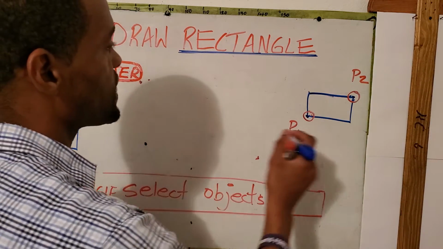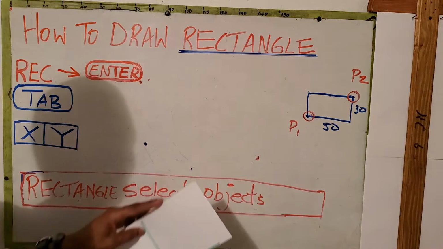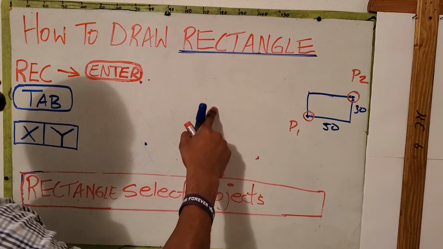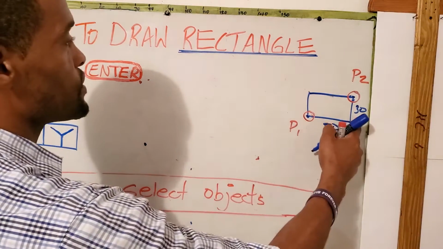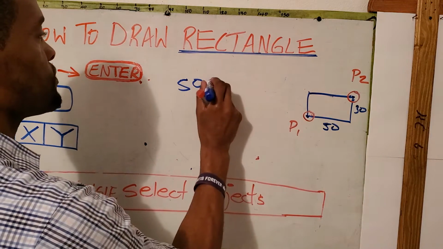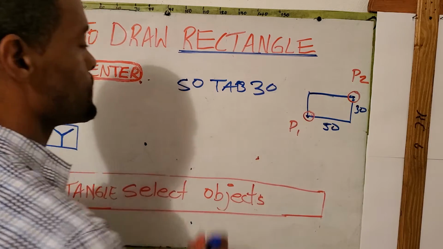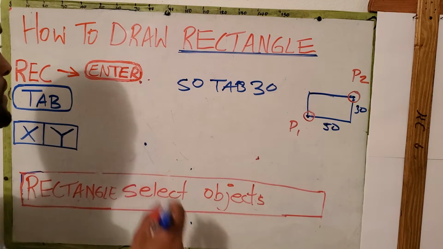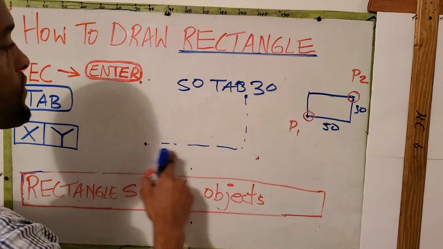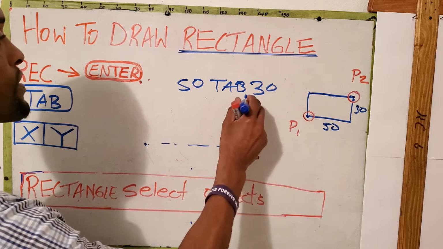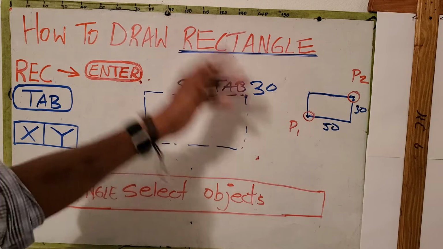So say, for example, if the side is 50 and here is 30, we would type 50 tab key or comma 30, followed by the enter key. This will generate a point here, which is 50 millimeters on the X, 30 millimeters on the Y, to create a rectangle. And that's all there is to it.